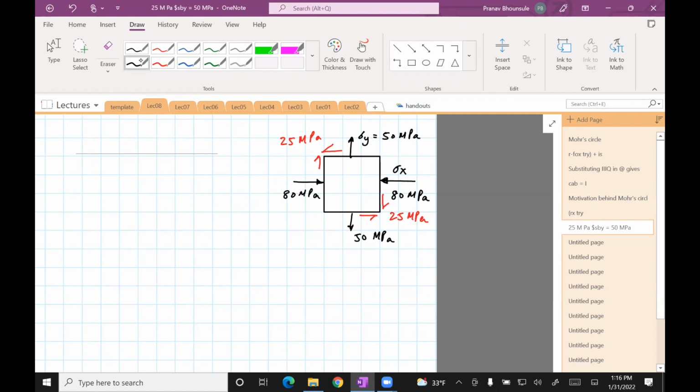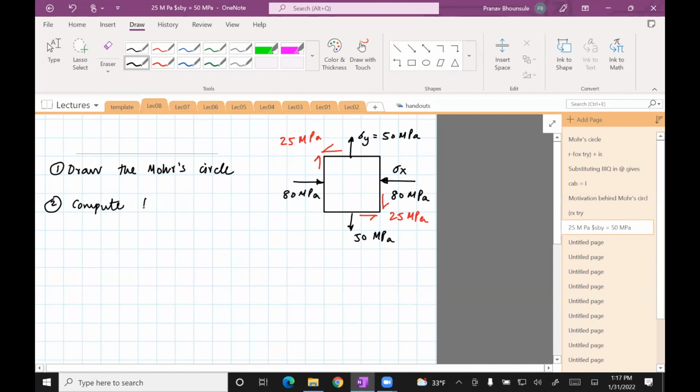Okay, so for a stress element like this, the questions are: one, draw the Mohr circle. Second, compute the principal stresses and their directions.